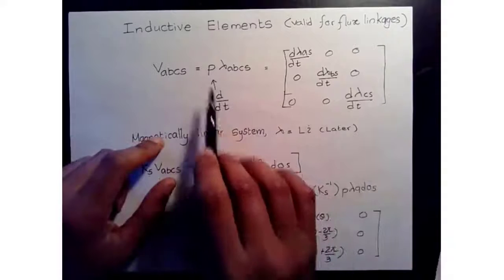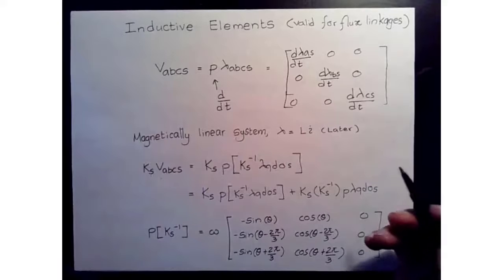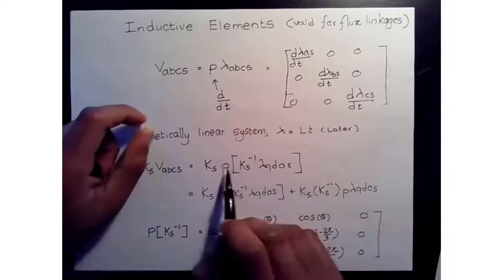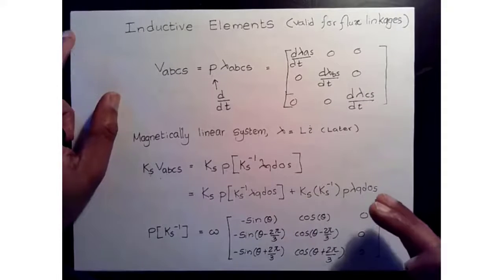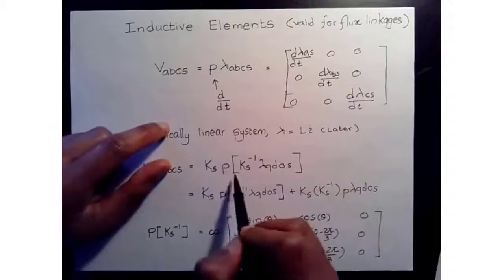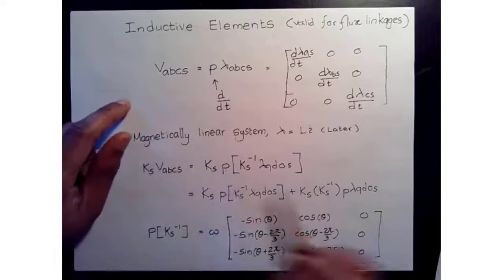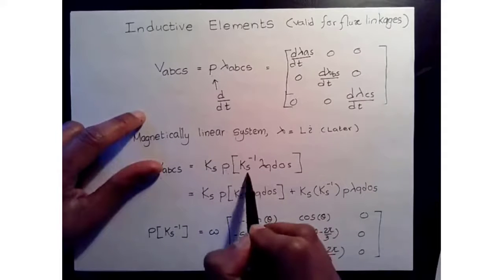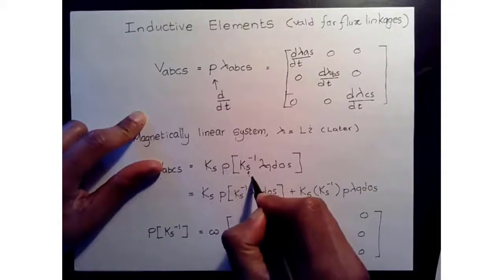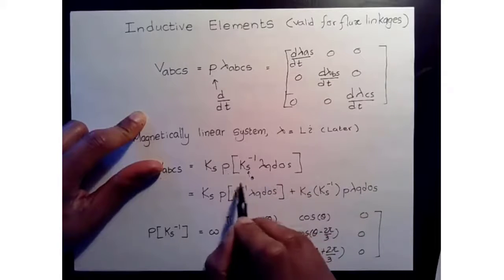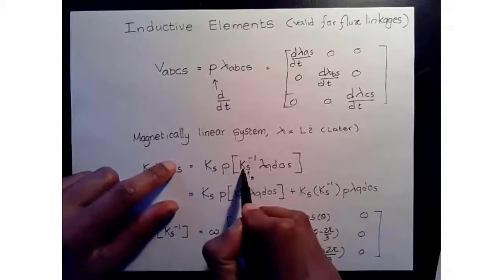Now, the p I'm referring to here is d over dt. It's the derivative operator. I'm going to use that as a variable. This is a standard practice. I'm not sure if all of you have seen this in the past, but notation-wise we can use this approach, especially to show that since ks is theta dependent, we now have to consider the derivative, treating this as a product, right?